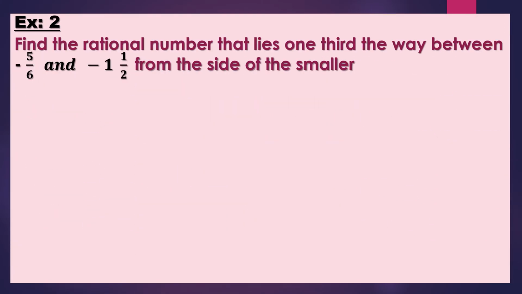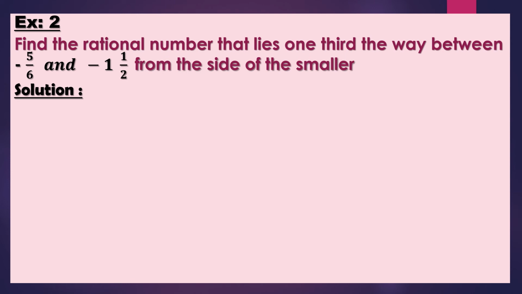Example number 2. Find the rational number that lies a third of the way between negative 5 over 6 and negative 1 and a half from the side of the smaller. First, we must define the smaller number and the greater number of those two numbers.